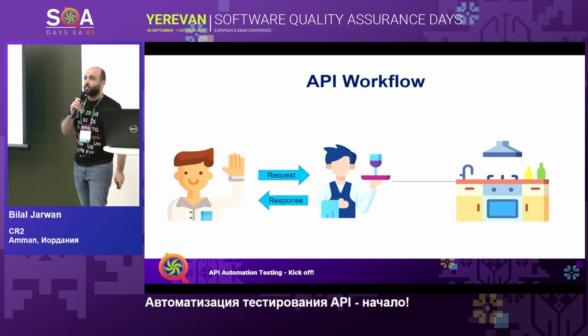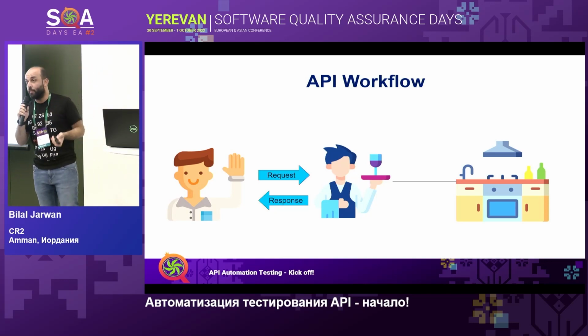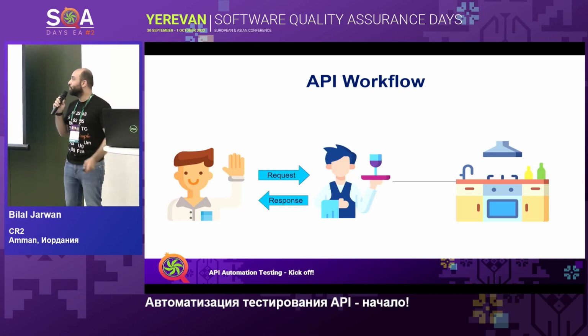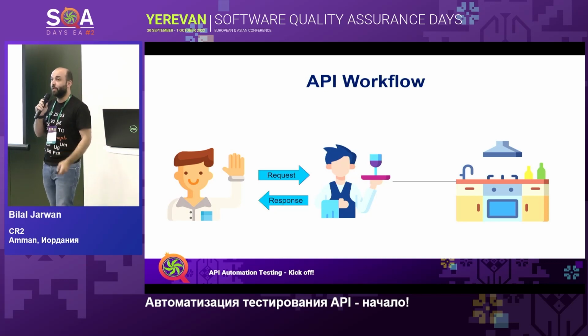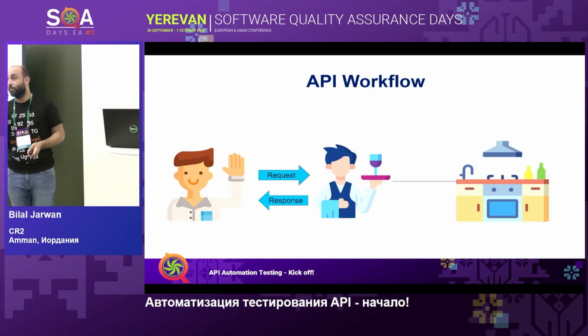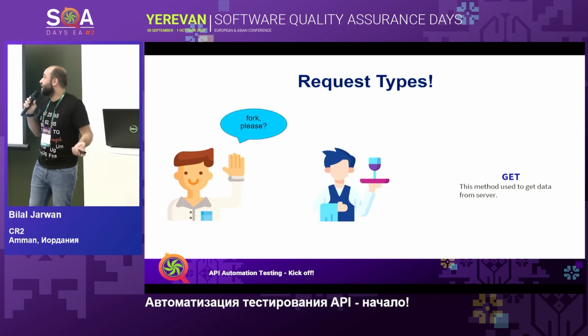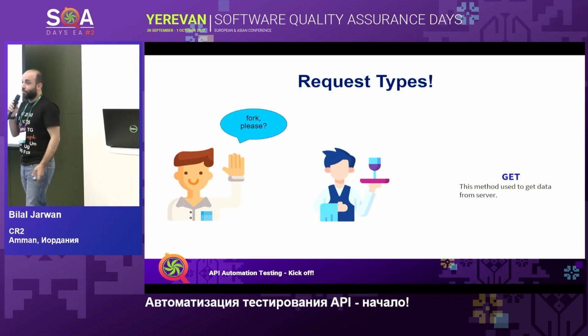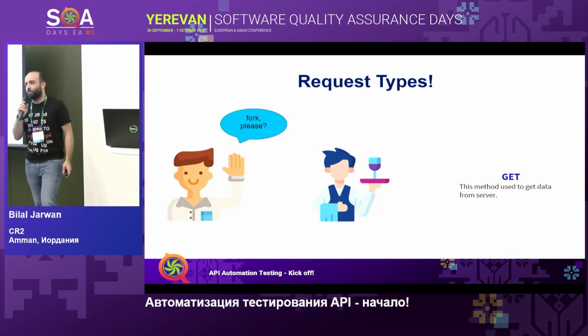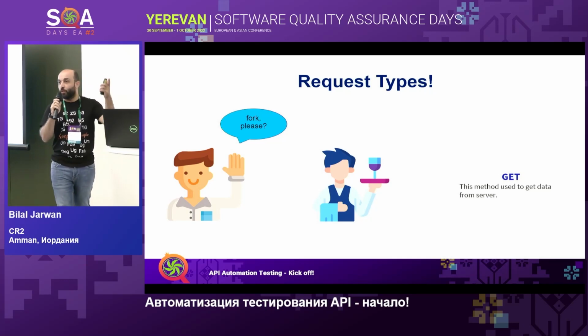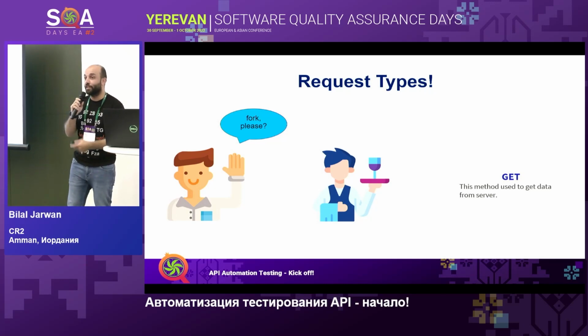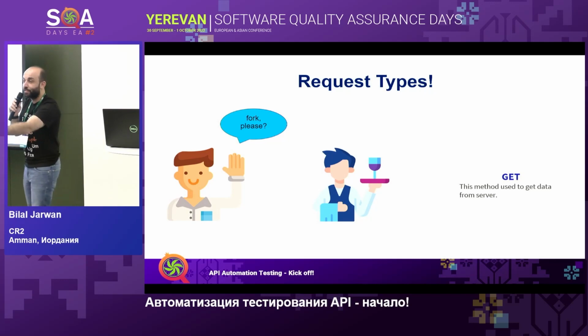So I know that all of you know what the request types in the API are. Let's move on with this example for the first request type, which is GET. For example, you are in the restaurant and you say, fork please. If there is a fork in the kitchen, he will say, yeah, go ahead, this is your fork.